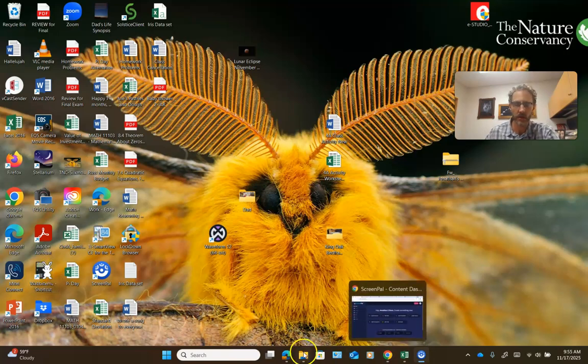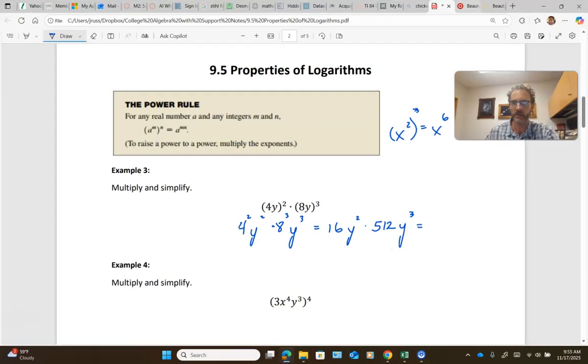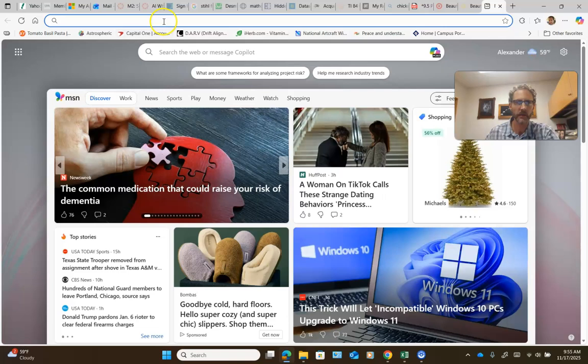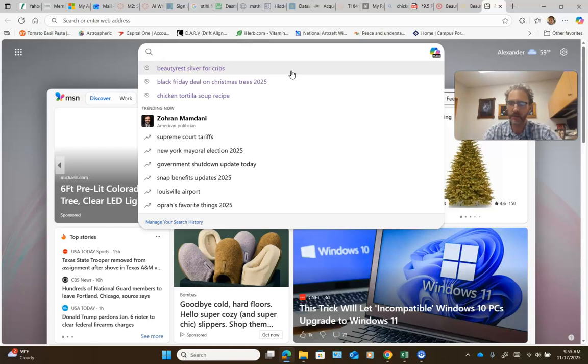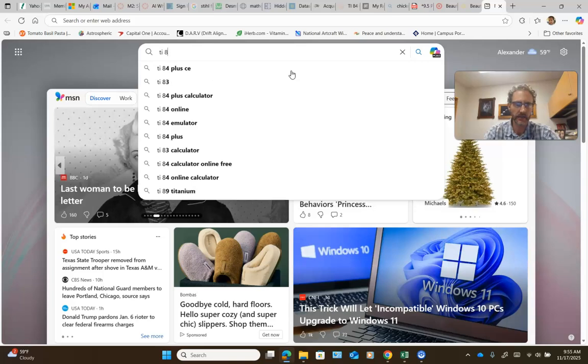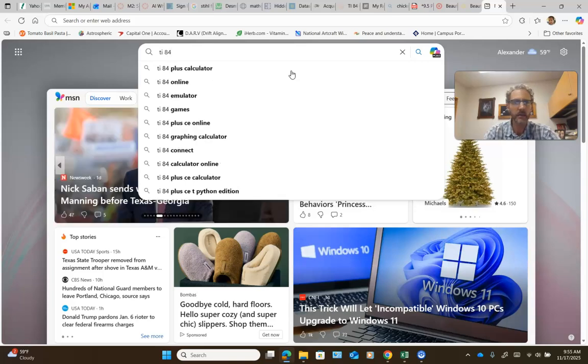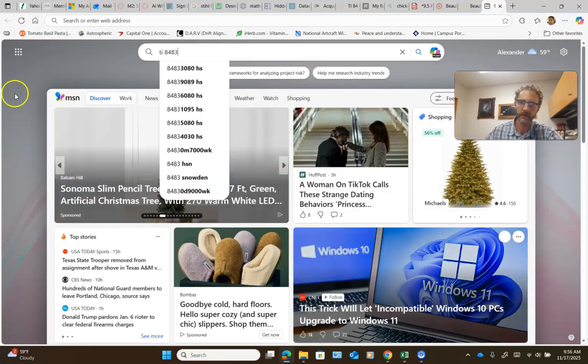Oh, let me show you guys real quick. There's an online version of this TI-84 emulator app. If you type in TI or just do a search, I'm looking for computers, folks.